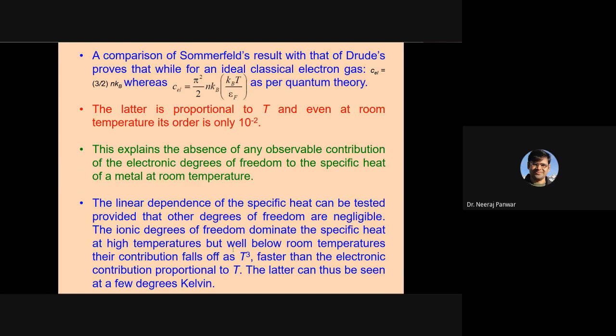So this is the famous Debye T cube law for specific heat of atoms or ions that we will study in the next class. And so well below room temperature, the contribution of ions to the total specific heat falls off as T cube, faster than the electronic contribution proportional to T. The latter can thus be seen at a few degrees Kelvin, that is closer to 0 Kelvin.